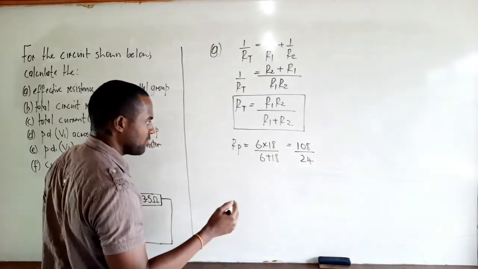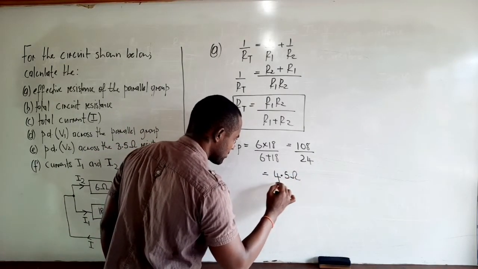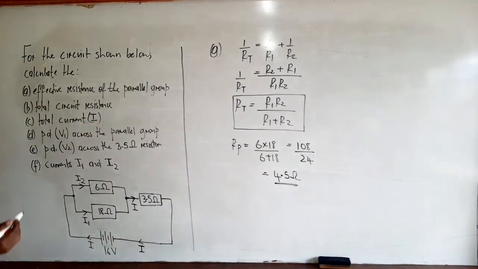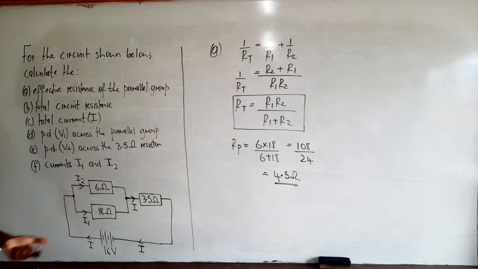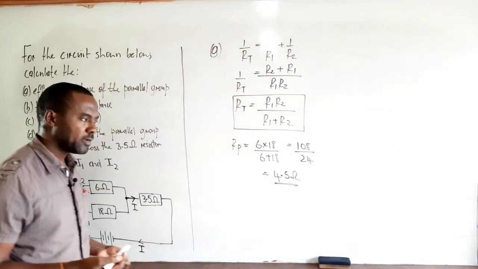That leaves 12. So this gives us 4.5 ohms. Therefore, the effective resistance of the parallel branch is 4.5 ohms. So essentially, these two resistors connected in parallel are equivalent to a single 4.5 ohm resistor.